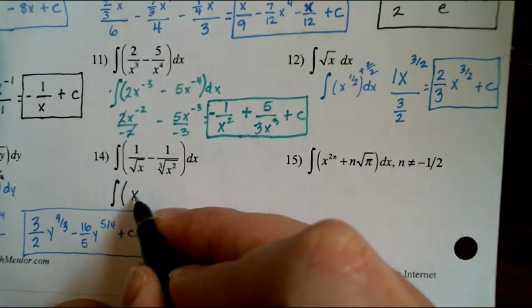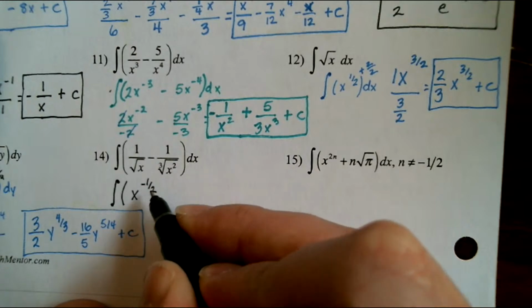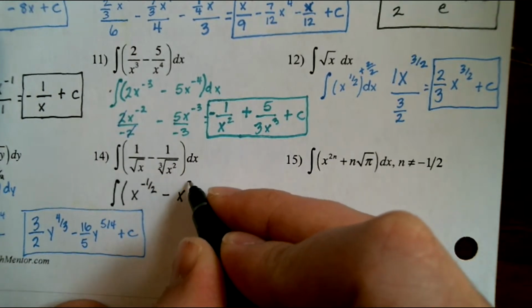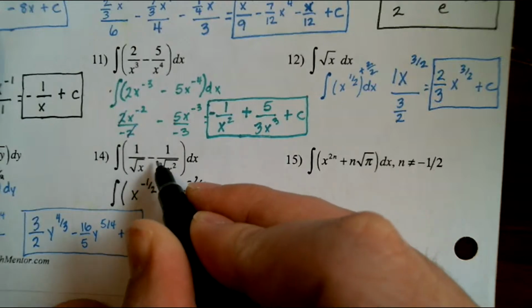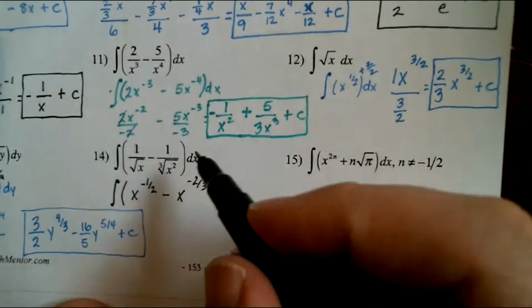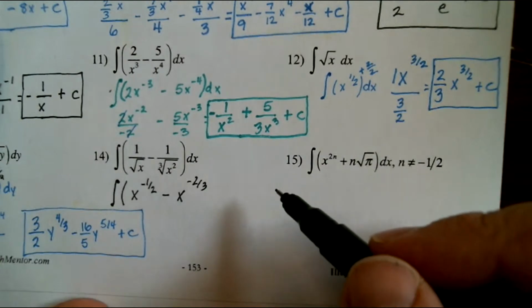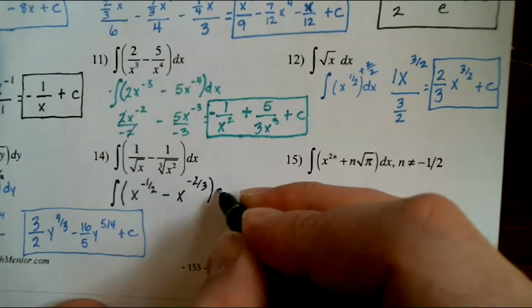That's x to the negative 1/2 minus x to the negative 2/3. Your index is always your denominator. What's inside is up here. The negative's coming by flipping it up. That with dx.